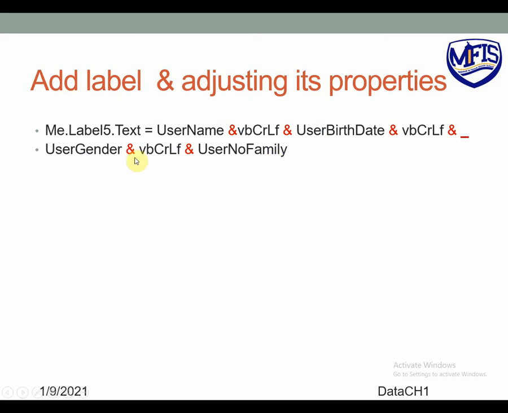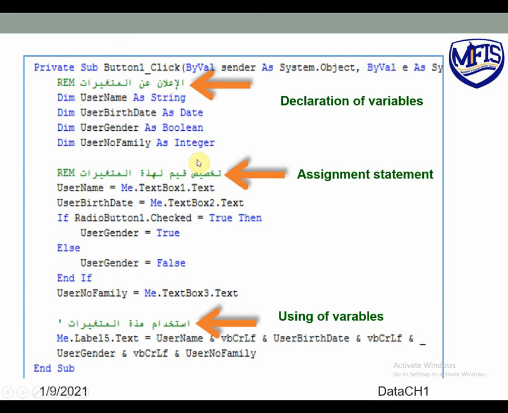That's how we write code: by declaring variables, assignment statements, the places from where we get the values, and finally we use these variables.